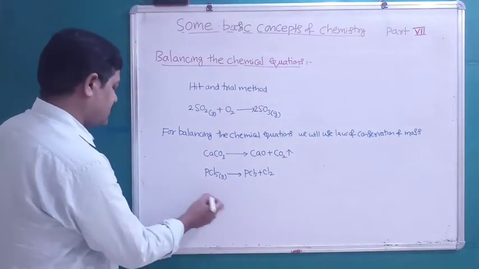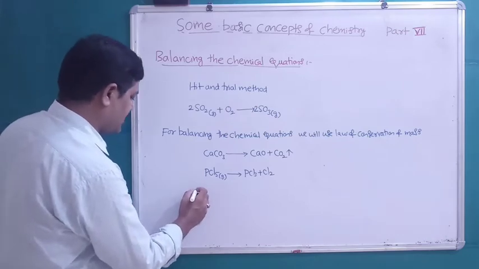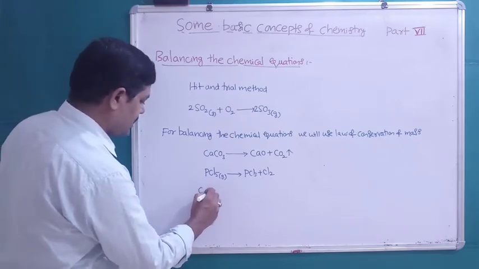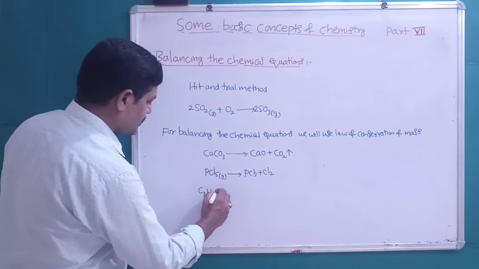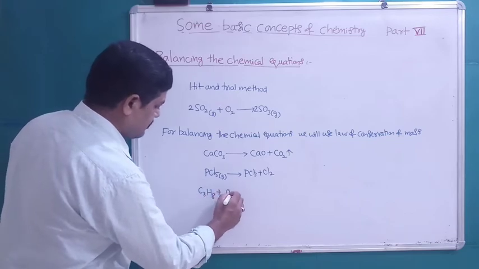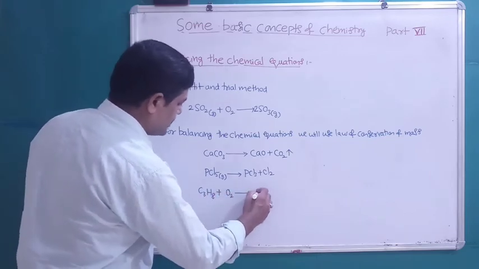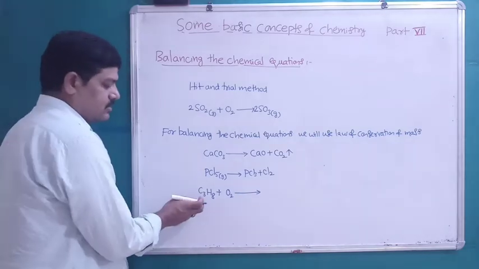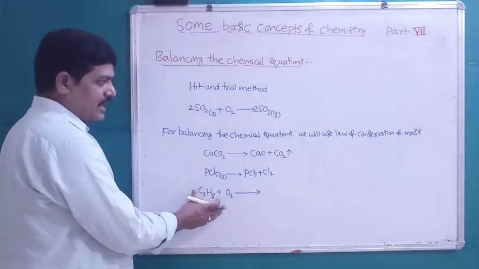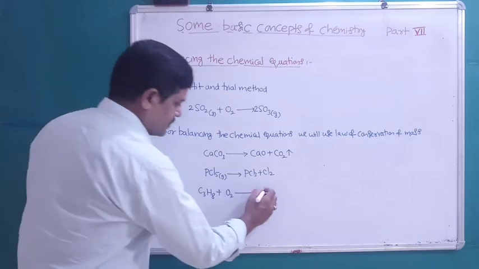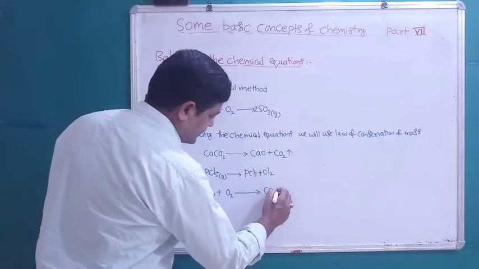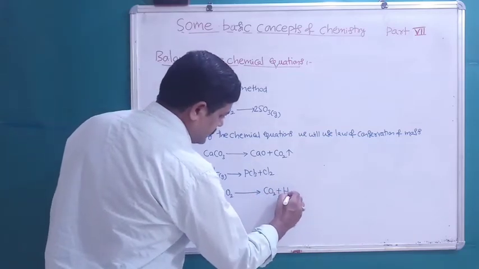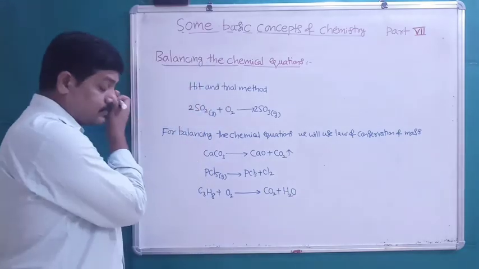So, if the combustion of a hydrocarbon is given, like C3H8, propane plus oxygen, burning in the presence of oxygen is called combustion. So, the combustion of any hydrocarbon will give us CO2 gas and water, H2O.